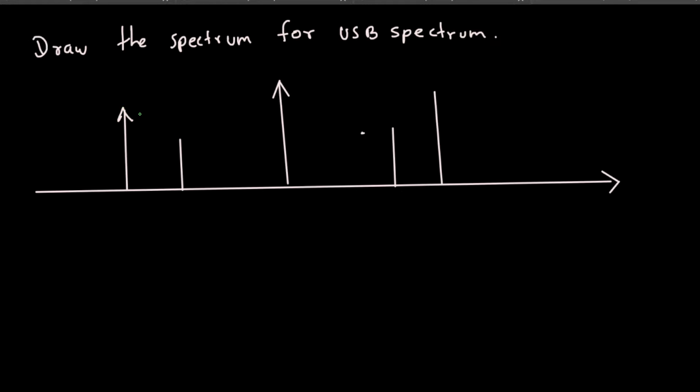The height for 650 is going to be 1, and the height for 550 is half.